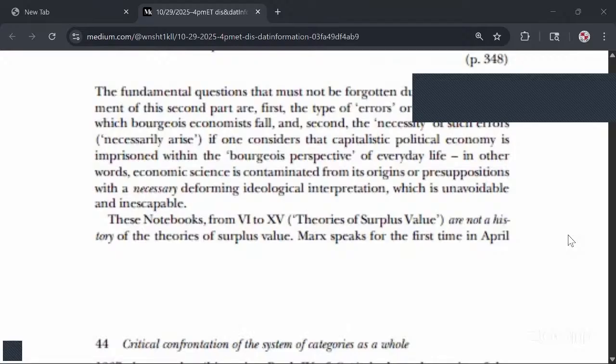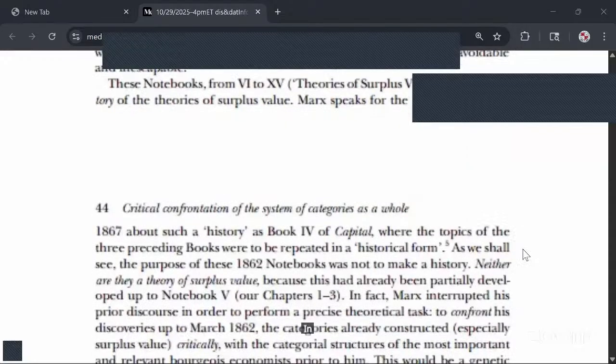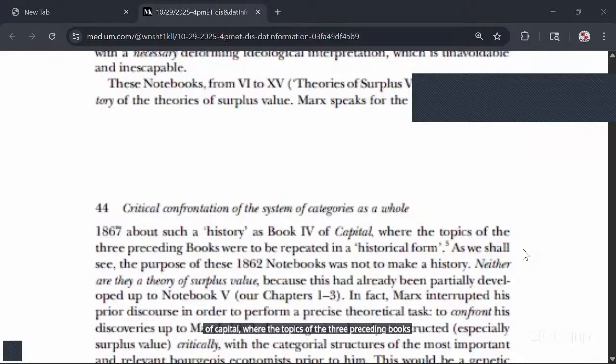These notebooks from 6 to 15, the theories of surplus value, TSV, are not a history of the theories of surplus value. Marx speaks for the first time in April 1867 about such a history as Book 4 of Capital, where the topics of the three preceding books, that is volumes 1, 2, and 3, were to be repeated in a historical form.